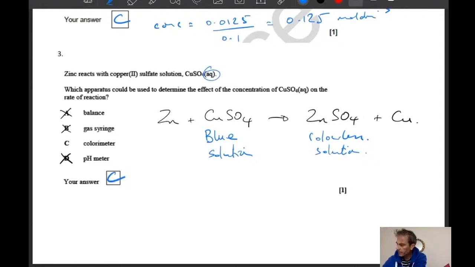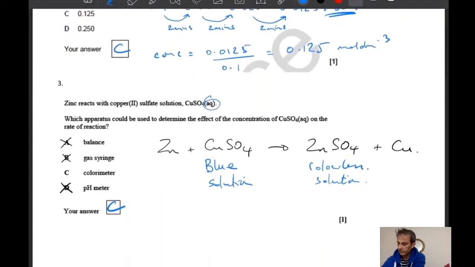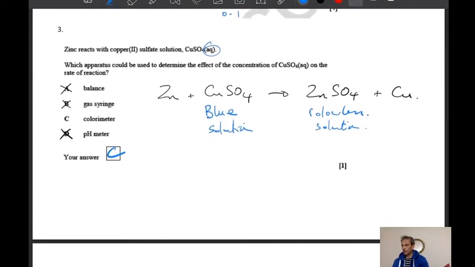These questions, by the way, are from different exam papers, and it just so happens that the 3 on that page have all got C as the correct answer. I hope people weren't choosing C just thinking, it can't be C again, I better choose something else. You just don't know what's in the exam board's head when they put these questions together in terms of the options. So hopefully that made sense why it was C.